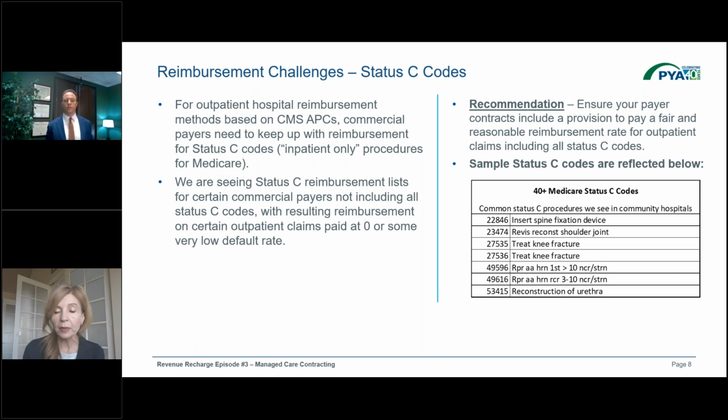So we've shared with you some of the top codes we've seen come through with status C codes that may or may not get paid by your insurer. So take a look at these claims for sure, especially if you're getting paid on the APC system, just to make sure there is a method and a rate for reimbursement for your services.